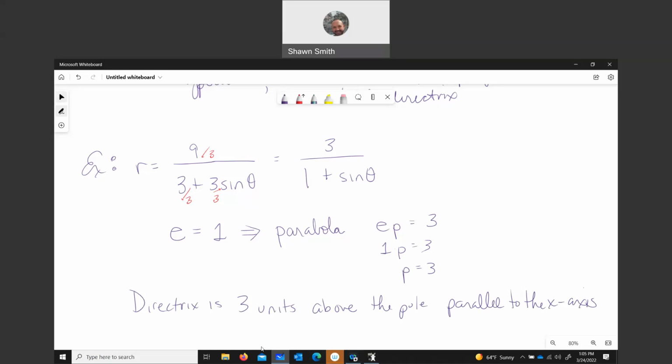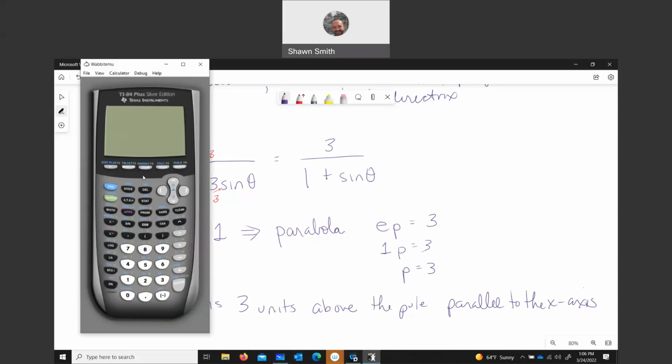Now, parabolas are easier to graph than hyperbolas. You can easily tell where the directrix is going to be, because if you can see where the focus is, then the directrix is just totally opposite of it, that many units away. So let's just put it in the graphing calculator. We've got 9 divided by 3 plus 3 sine.